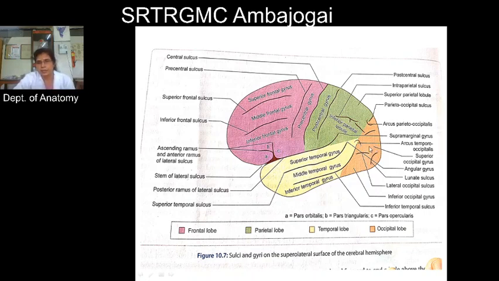Then sulci and gyri in this occipital lobe. So this occipital lobe is divided into superior occipital gyrus and the inferior occipital gyrus by this lateral occipital sulcus. So this lateral occipital sulcus divides this occipital lobe into the superior occipital gyrus and the inferior occipital gyrus.